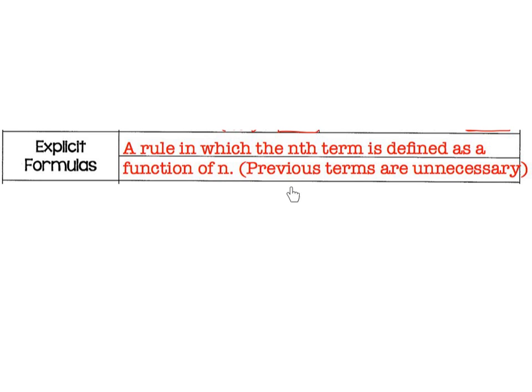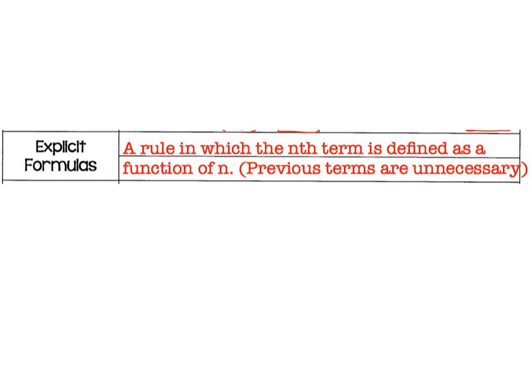The previous terms are unnecessary. So the important thing to remember with explicit formulas is that we do not need the previous term. The previous term does not matter. All right, recursive, previous term matters. Explicit, previous term does not matter.